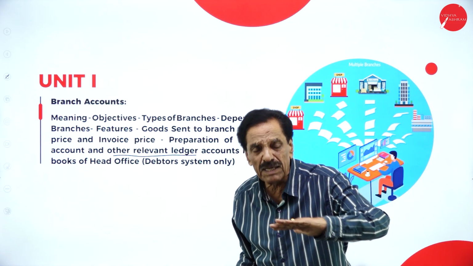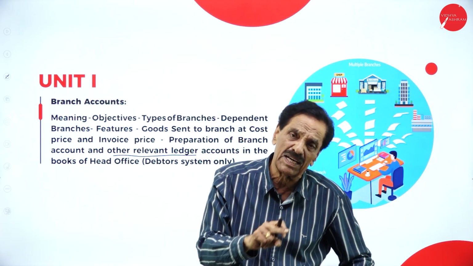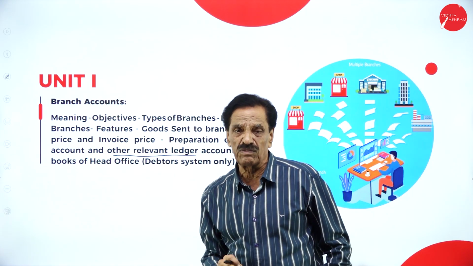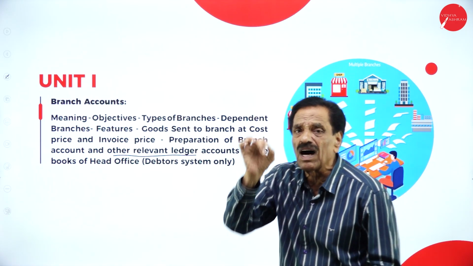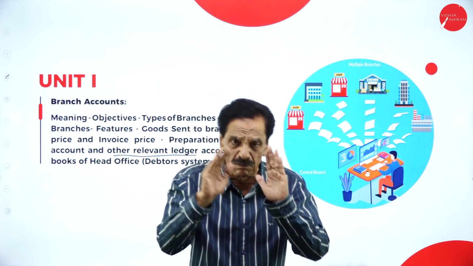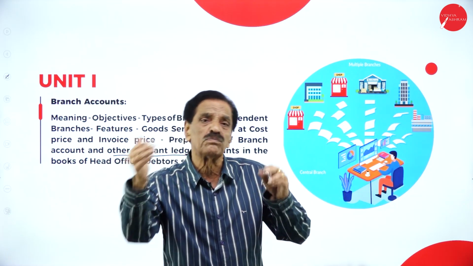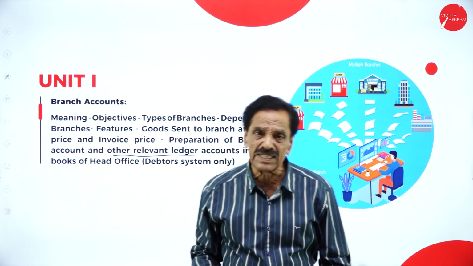We are going to prepare one major account, then the missing figure from the debtors account, then closing cash, then closing furniture account. So when doing the books of head office, we prepare the branch account. Head office cannot do all the business, so it has to open branches in different areas. All the details will be dealt with in the next class.